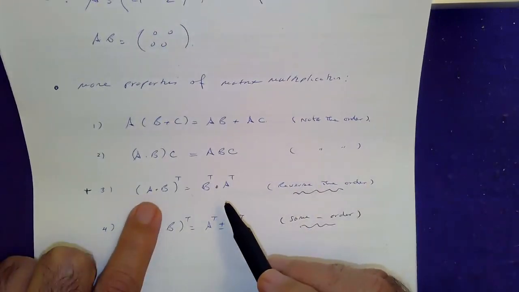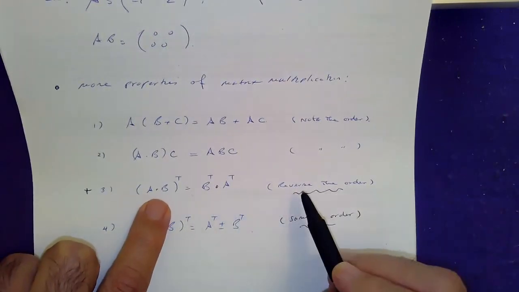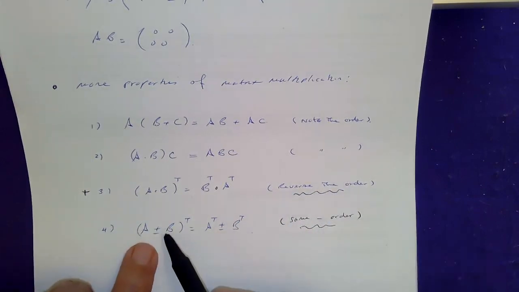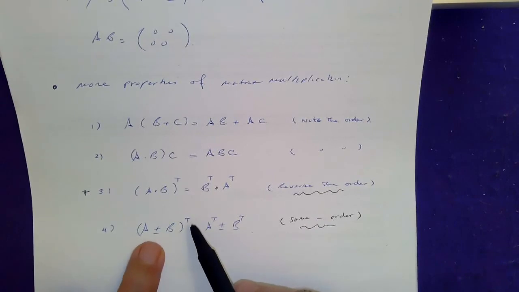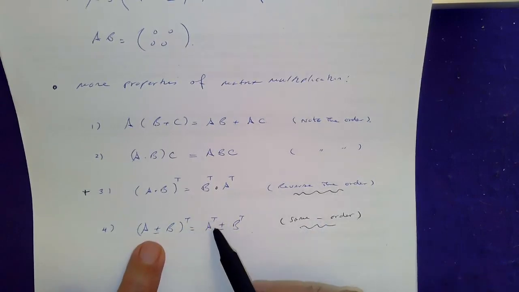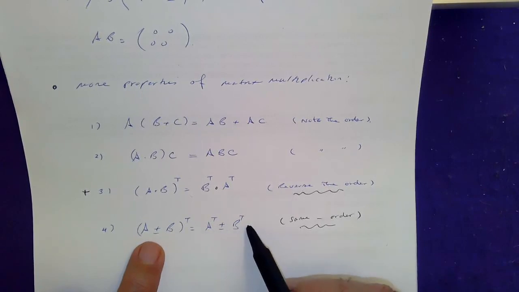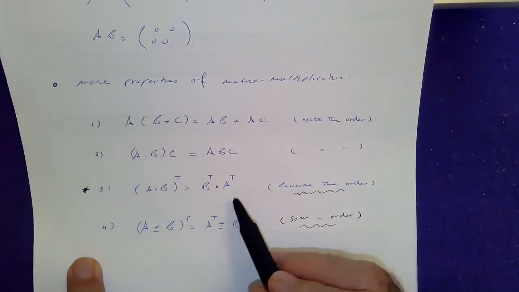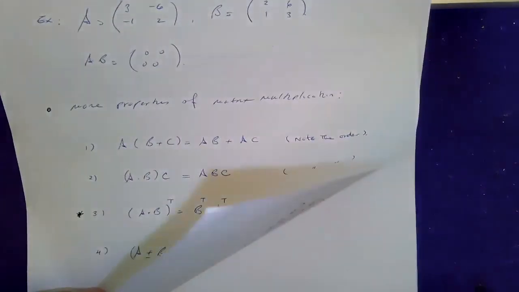So this is not A transpose times B transpose. Notice the order got reversed. But when it comes to addition and subtraction for transpose, the order stays the same. In other words, you go A transpose plus or minus B transpose. However, in the case of multiplication, the order gets reversed.